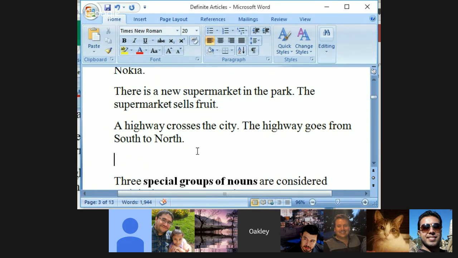It depends. If you say, I live in the south of the city, then you use "the." But when you're talking in a general sense, as in here, you don't need an article with directions: south, north, east, west. Another strange exception, we'll get to that later.